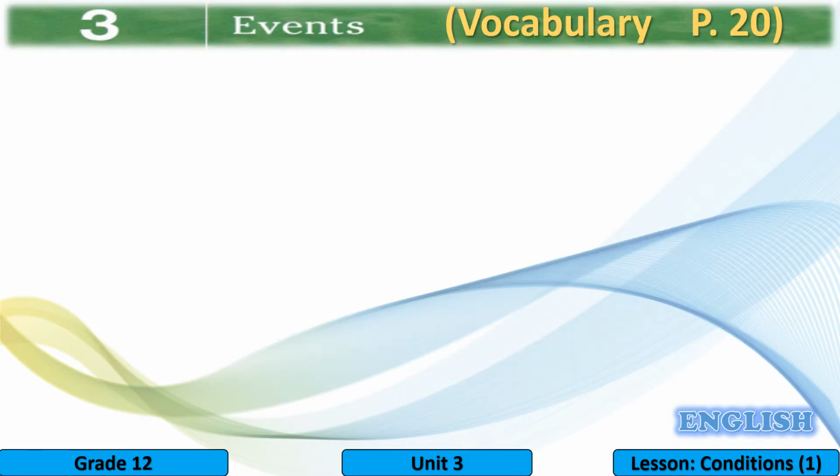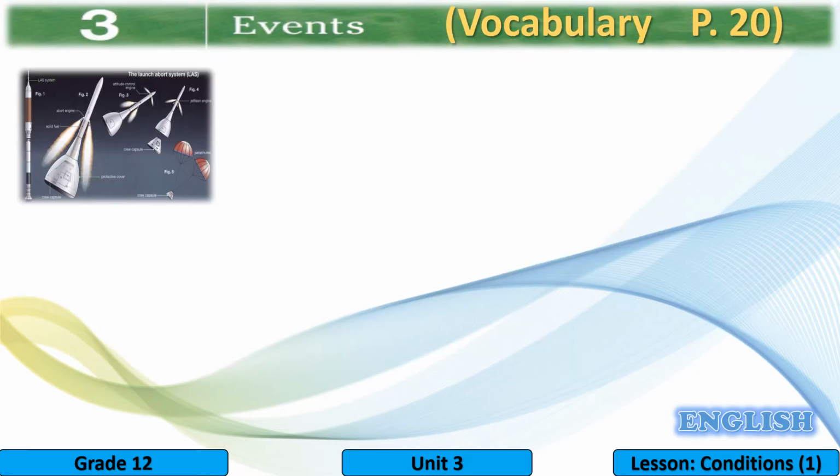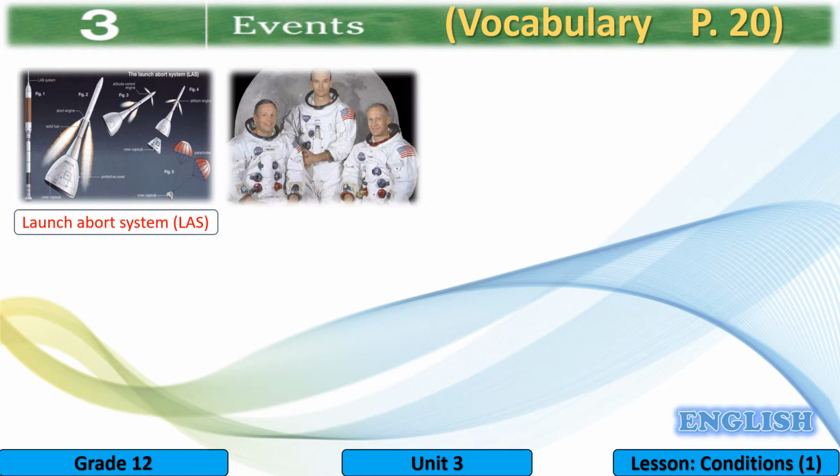Dear students, let's begin with the first objective, which is about the vocabulary in this lesson. So please go to your course book, page 20, and let's have a look at the most important words. The first word is launch abort system. Then we have crew.